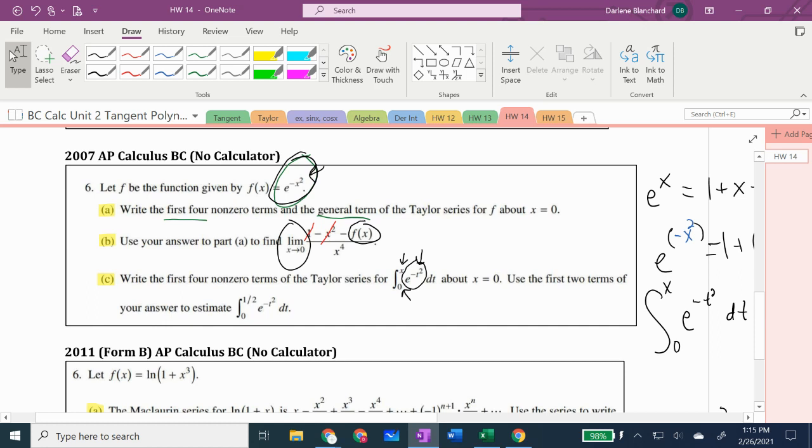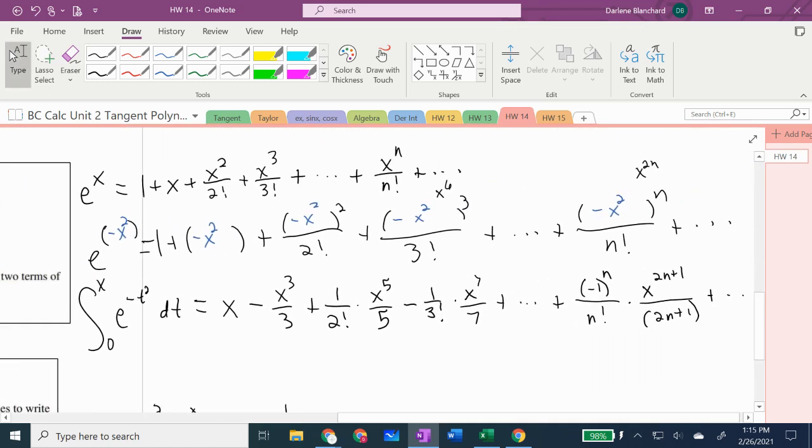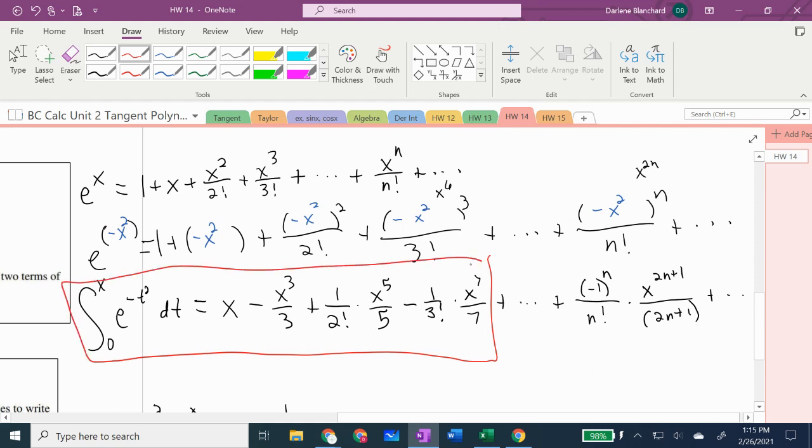And it's asking me for the first 4 non-zero terms, so I did more than I needed to, which means if I were on an AP test, I should probably get rid of the stuff it did not ask for. So 4 terms, 1, 2, 3, 4, and squiggly equal.